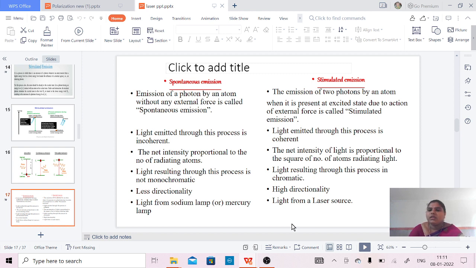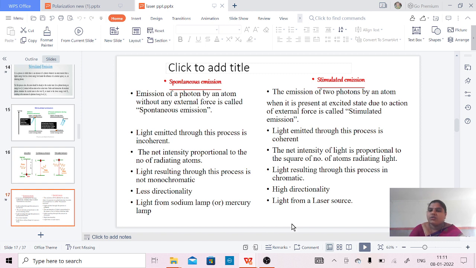The light emitted through stimulated emission is coherent. The net intensity is proportional to the number of radiating atoms in spontaneous emission, and the net intensity of light is proportional to the square of the number of radiating atoms in stimulated emission. Light resulting through spontaneous emission is non-monochromatic, that means it's not monochromatic.